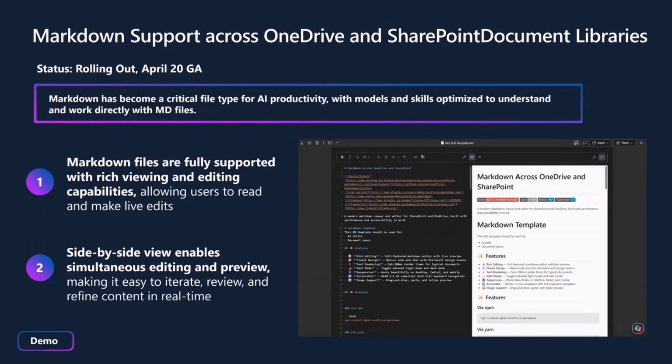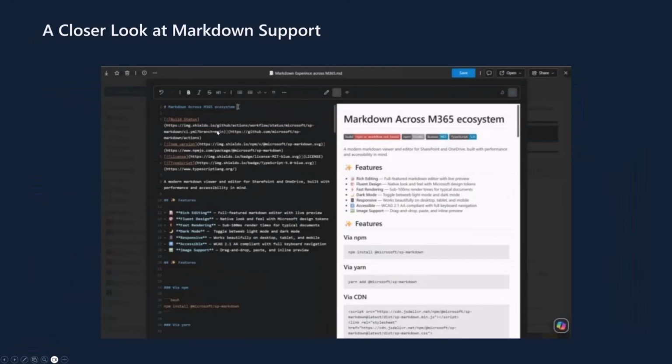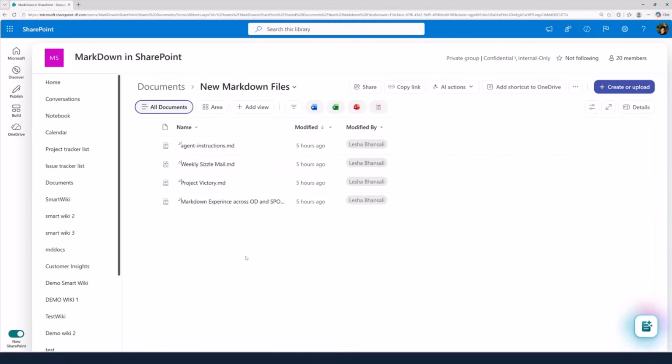All right, so I am going to give you a closer look into what this looks like, both across SharePoint document libraries, as well as just quickly show you what it would look like in OneDrive. So here I am in a document library in SharePoint, and I'm going to go ahead and open a bunch of these Markdown files that I've already added here.